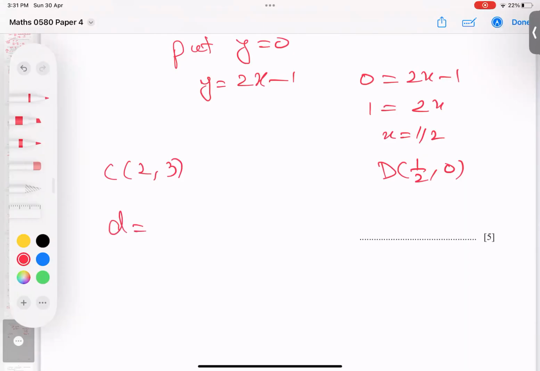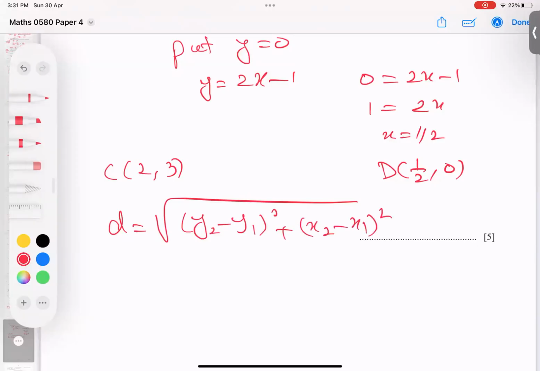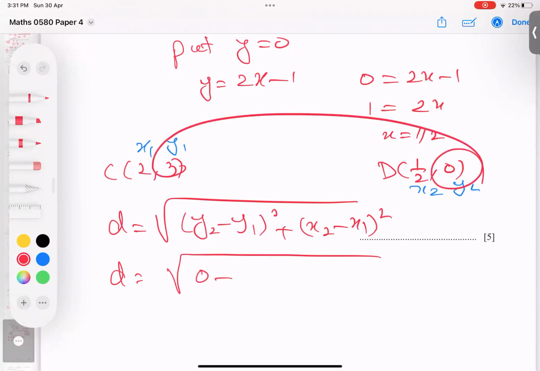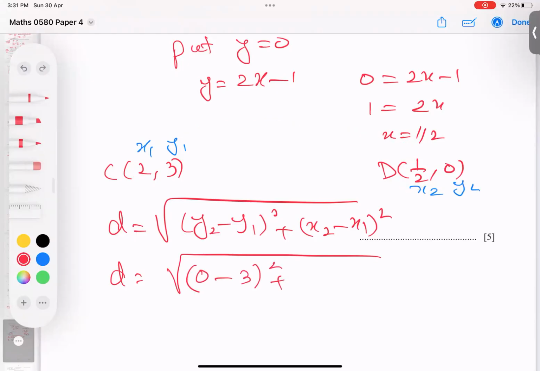And the distance formula, students, all of you know: square root of (y2 minus y1) whole squared plus (x2 minus x1) whole squared. So I can label it. Okay, I'm writing for you this new pattern: x1, y1, x2, y2. I can change even, no problem at all. So y2 is 0, this 0 minus 3, and half minus 2.